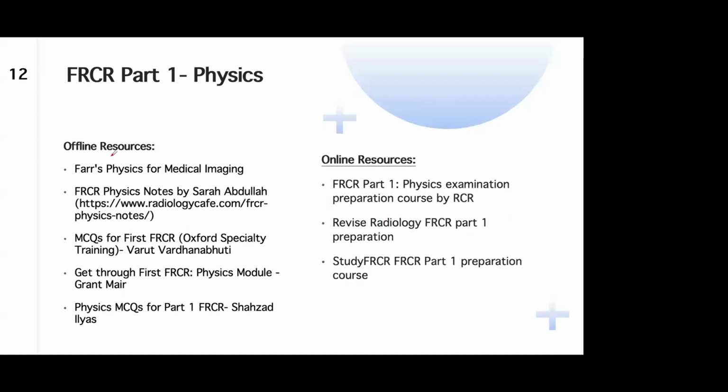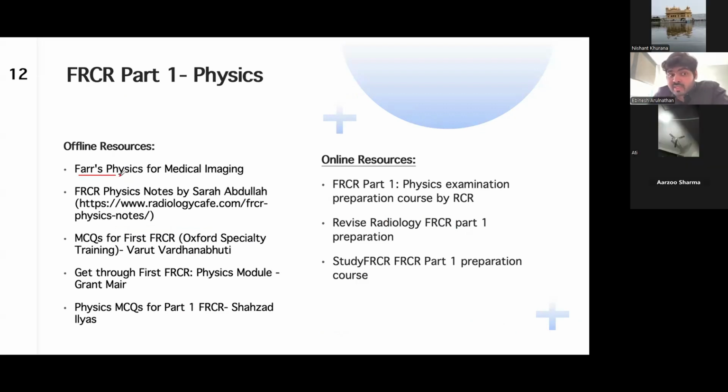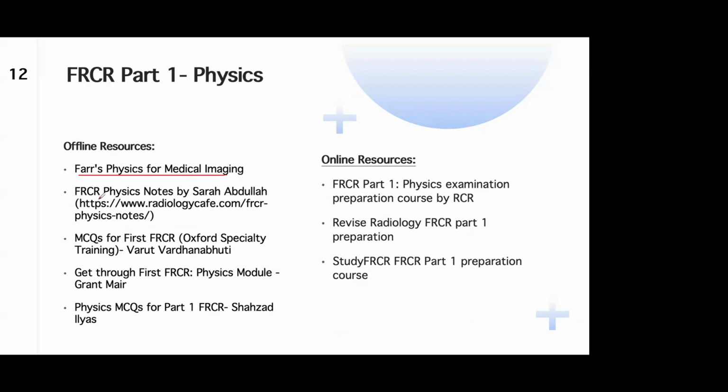And we have a lot of resources available for FRCR physics. Among offline resources, the gold standard that people usually recommend is reading Farr's Physics for Medical Imaging, but it is very concentrated. Every word becomes important. A simplified physics resource you can use is FRCR Physics Notes by Sarah Abdullah.